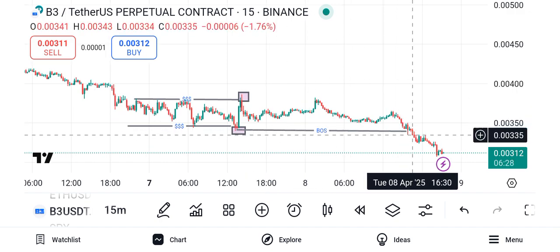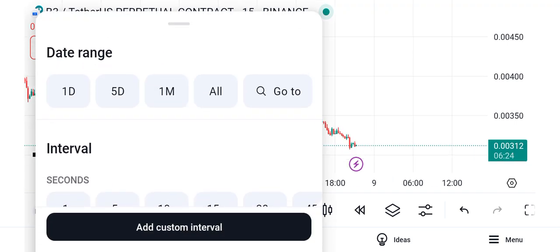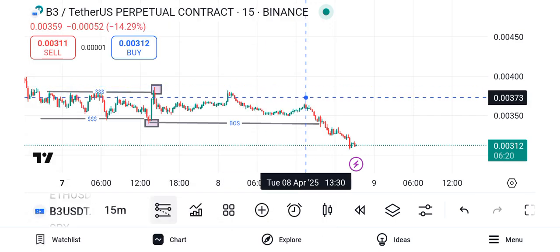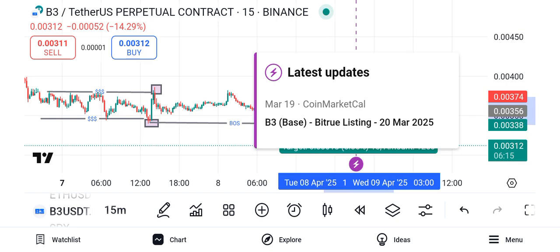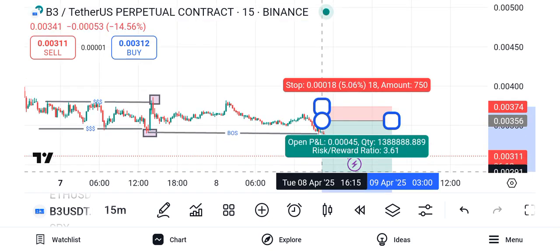The moment it breaks structure, immediately you go to your short tool and enter a sell trade. You enter a what? A sell trade.